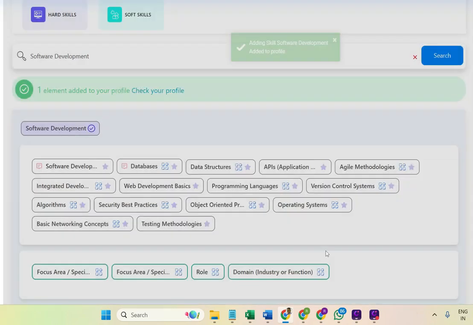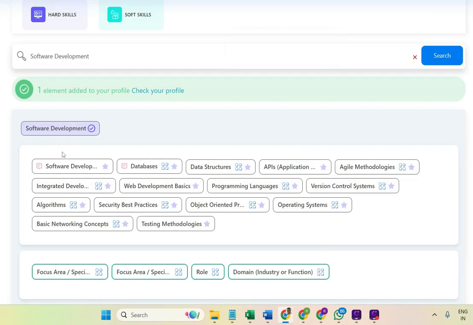So let's say we are going into software development. First, it gives you a listing of the various skills which are related to software development. As we can see, it could be concepts like software development life cycle, data structures, agile methodologies, and also certain tools or technologies we can call programming languages or related concepts.